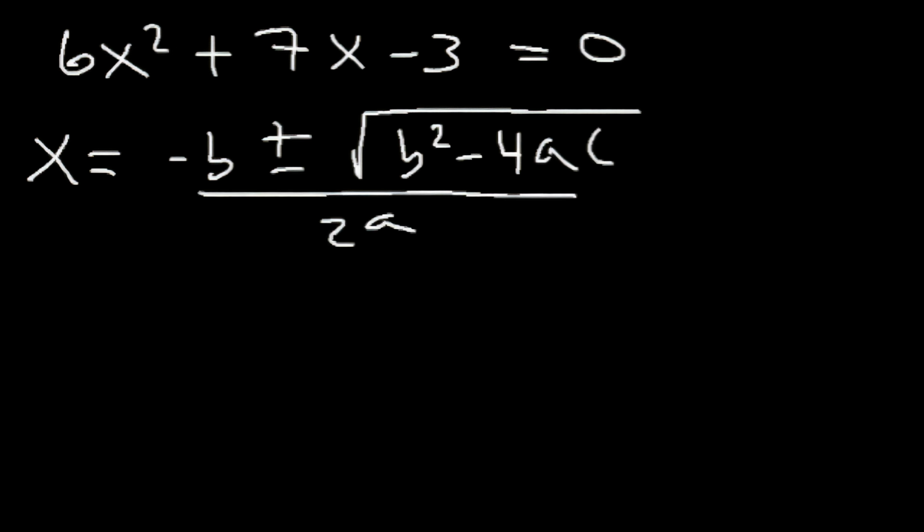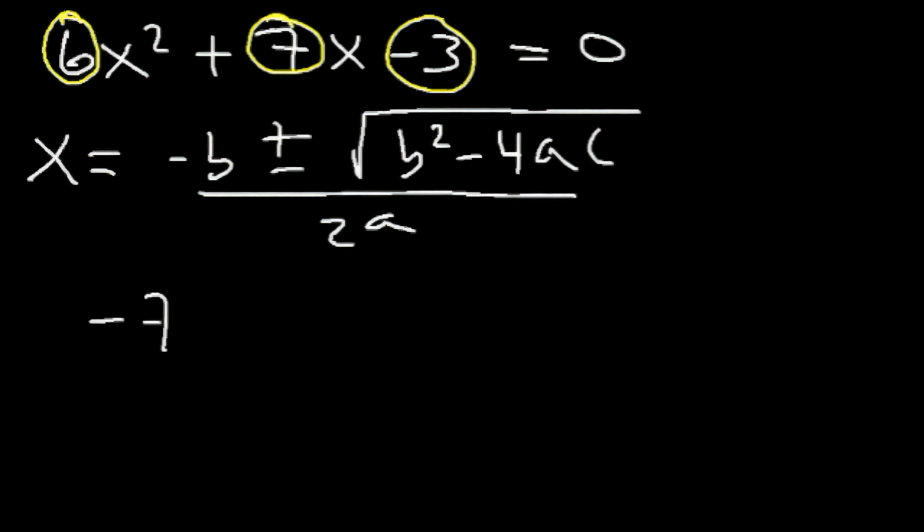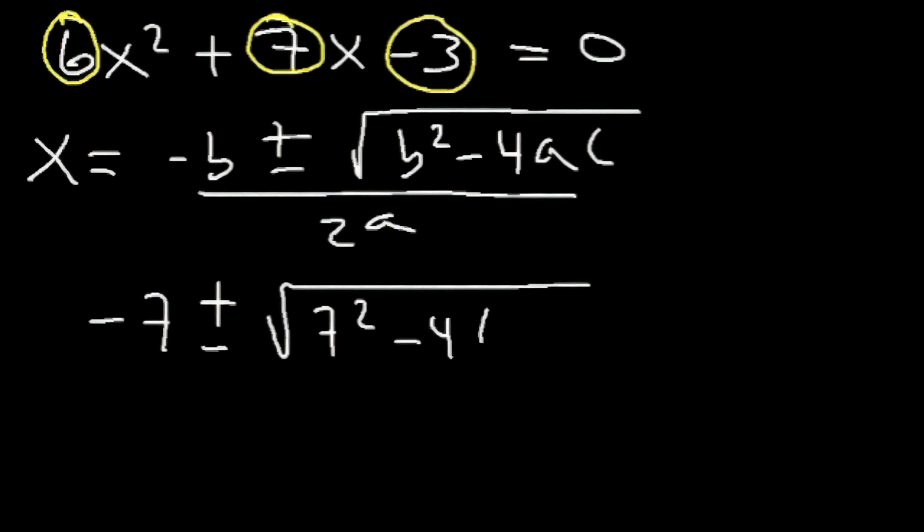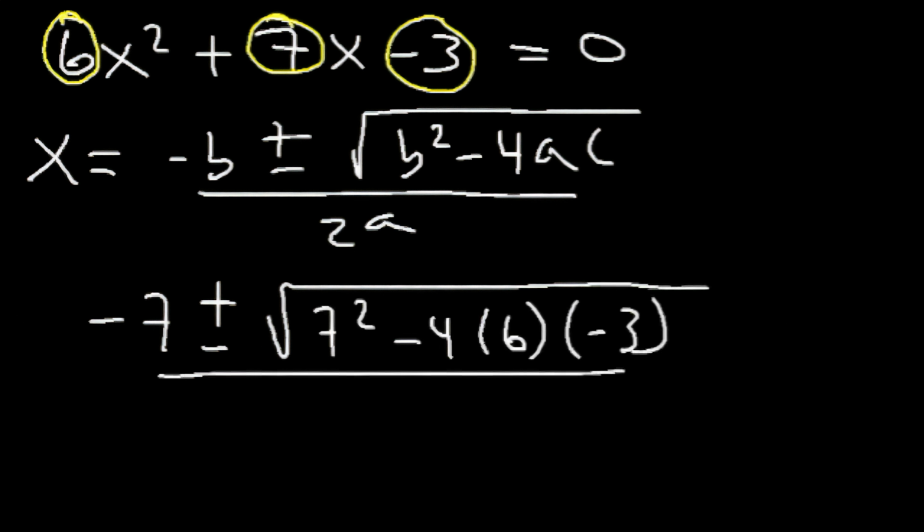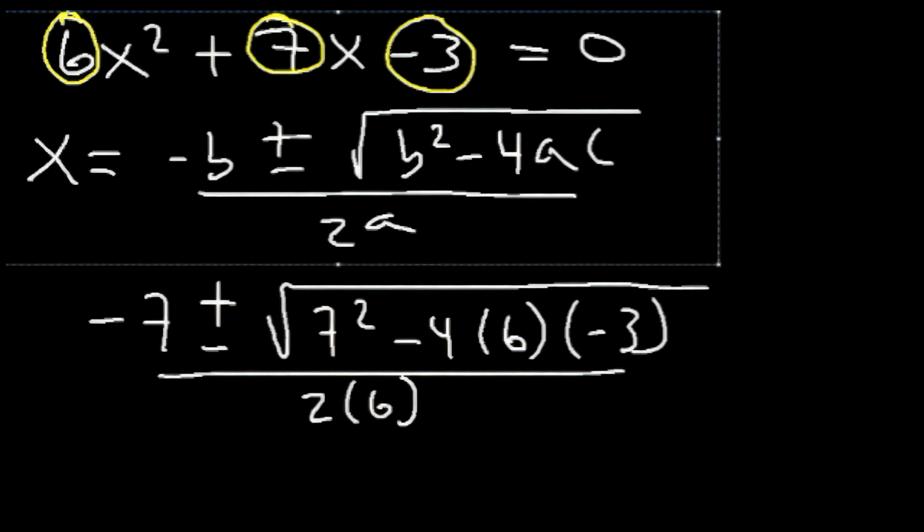So the first number in front of x squared, this is a is 6, b is 7, c is negative 3. So negative 7 plus or minus b squared, or 7 squared, minus 4 times 6 times negative 3 divided by 2a, or 2 times 6.